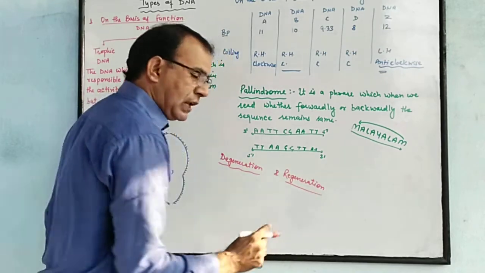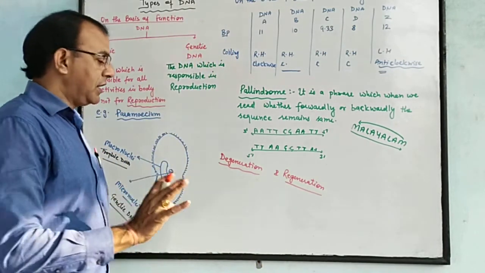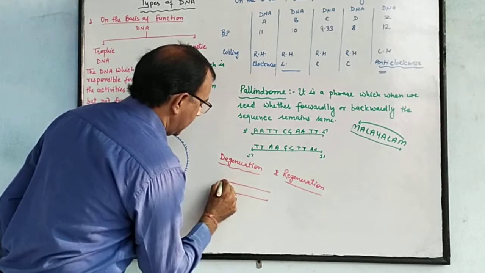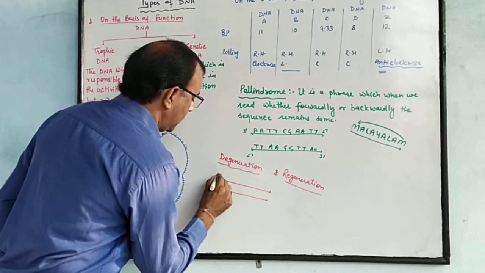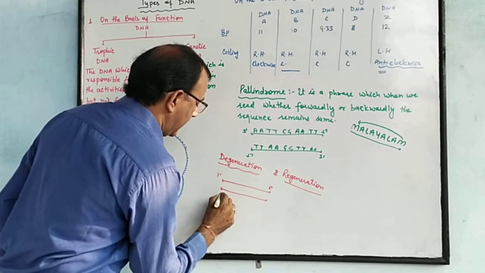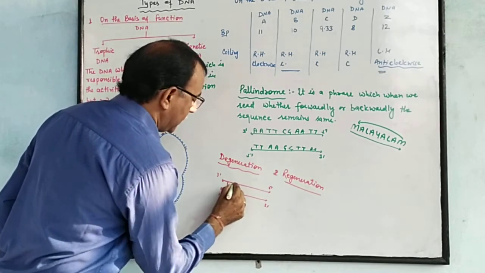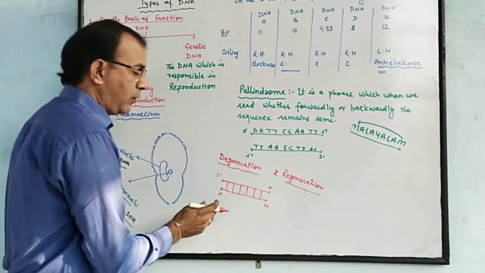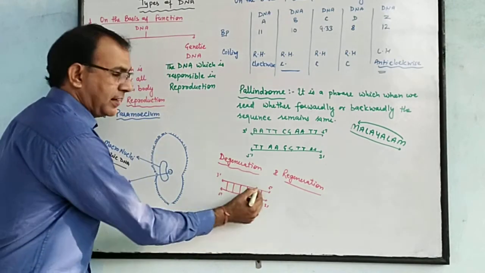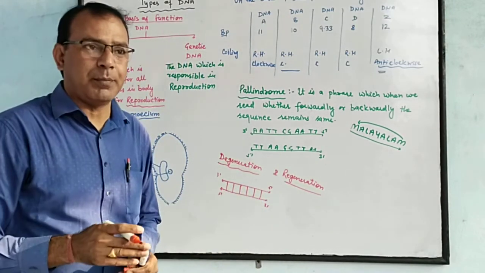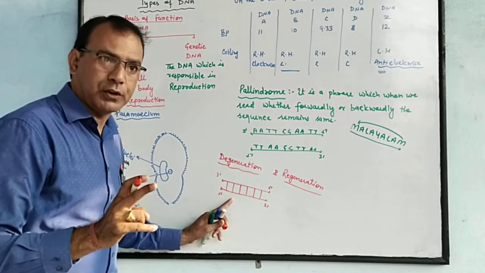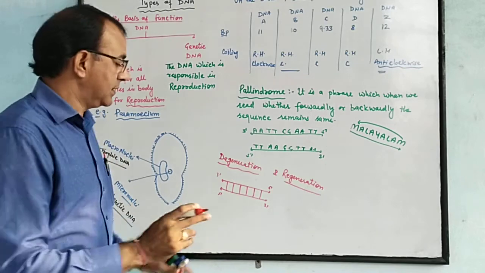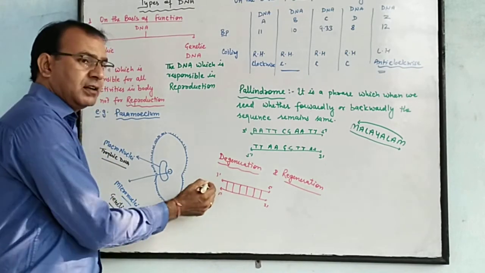At a suitable temperature, dsDNA remains attached, 3 prime to 5 prime and 5 prime to 3 prime, with nucleotides. What is the backbone? Both strands are made up of pentose sugar and phosphate, which don't contain nitrogen base. Pentose sugar and phosphate.